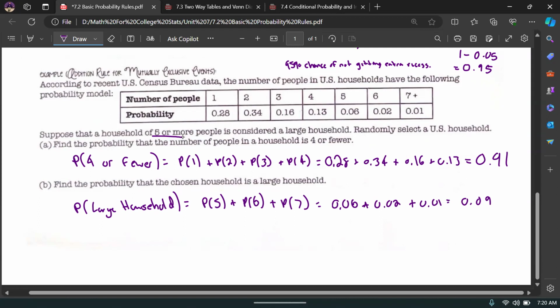But also, just to point out, it would be the opposite of 4 or less. So this would also equal 1 minus the probability of 4 or fewer, which is 1 minus 0.91, which is still 0.09. So like I said, there are two ways you could have calculated that answer. However you want to math it out, it's up to you, but it's the same thing here, right? Just wanted to make sure you understood that.